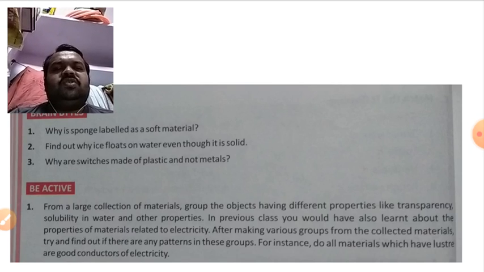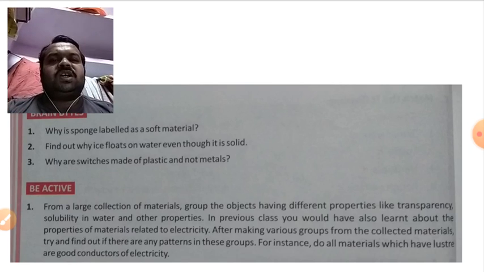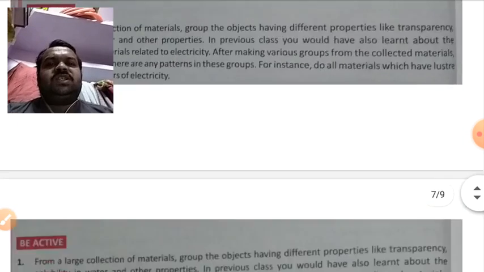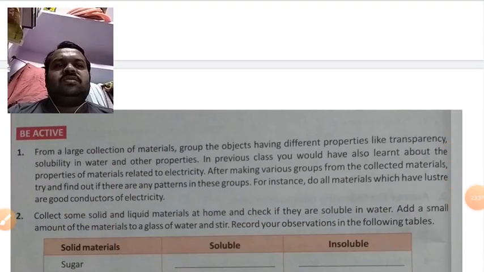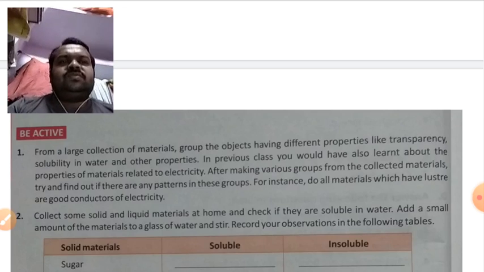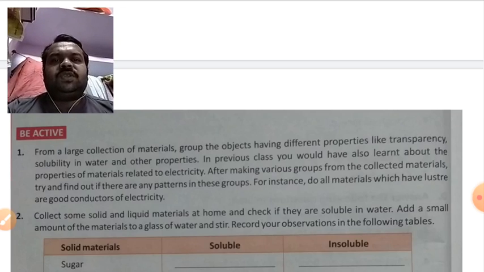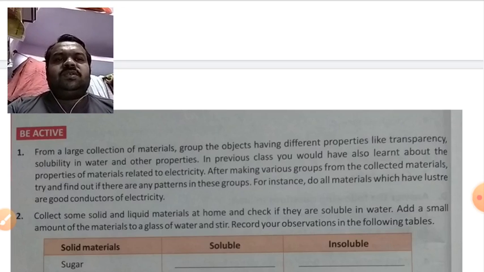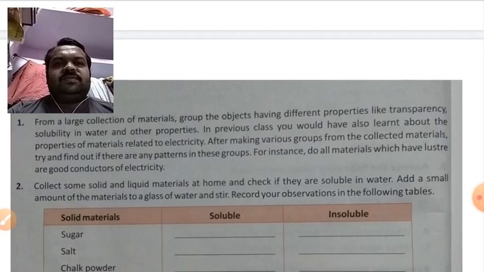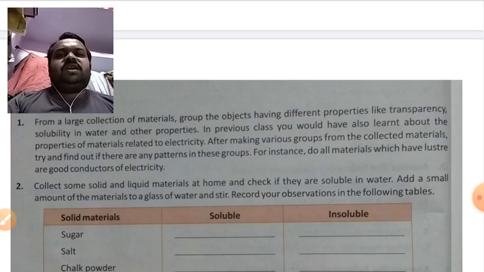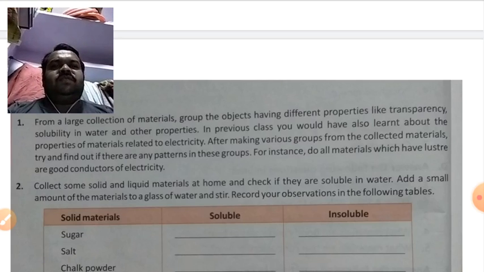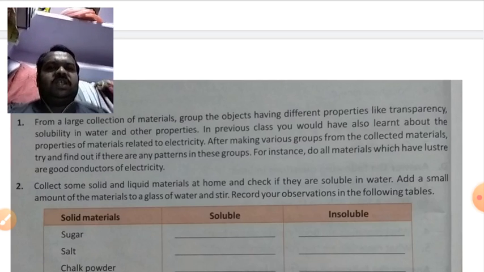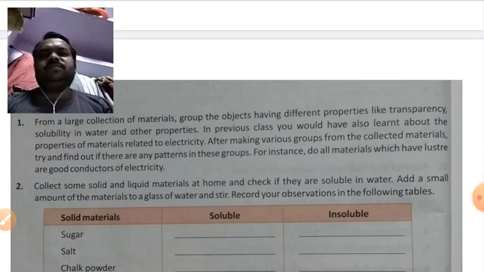For instance, do all materials which have luster are good conductors of electricity? So look here. You have to collect some materials for it, and after it you will categorize them into these given properties as transparent material, solubility, and other properties which are given in the chapter.